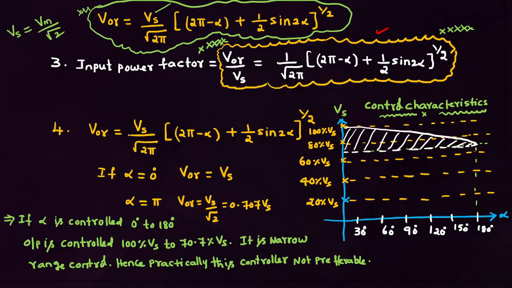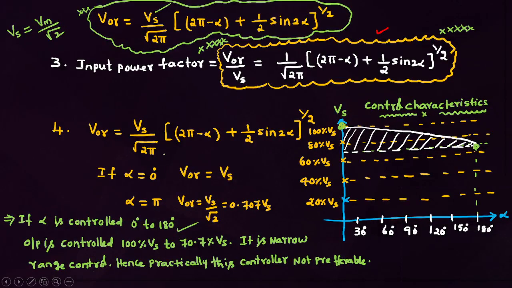That is very important. And one of the main drawbacks of the half wave AC voltage controller or unidirectional AC voltage controller is, if we control the firing angle from 0 degrees to 180 degrees, the output is controlled from 100% to 70.7% only.